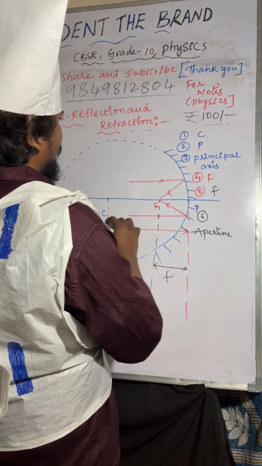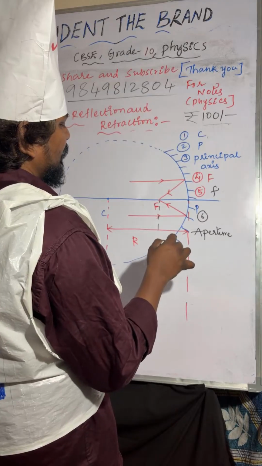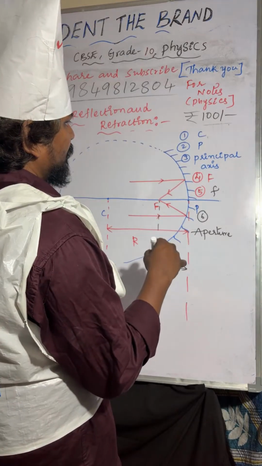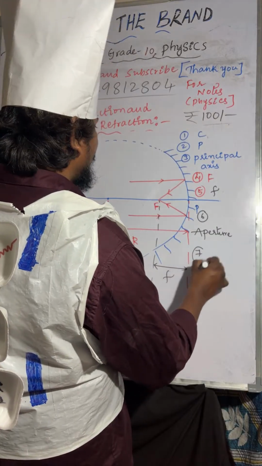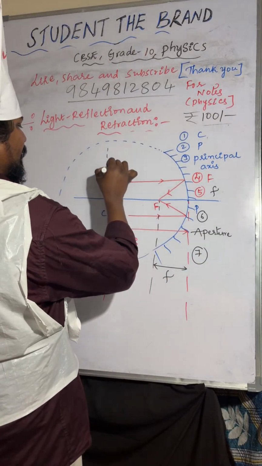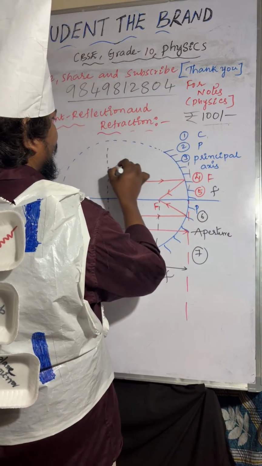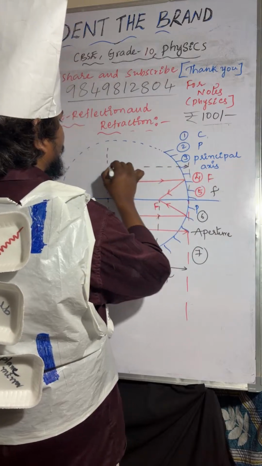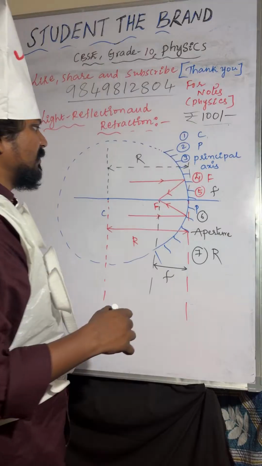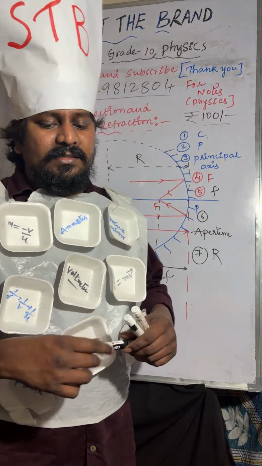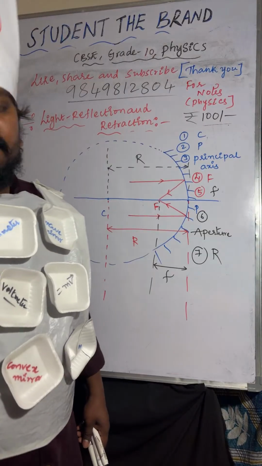So: center of curvature, pole, principal axis, focus, focal length, aperture, and radius of curvature. Radius of curvature is nothing but the distance between center and pole. Once again, observe all the points carefully. Check once, you will get it.